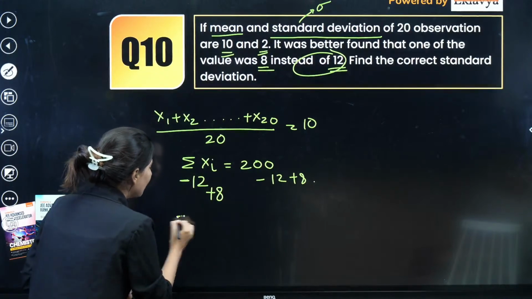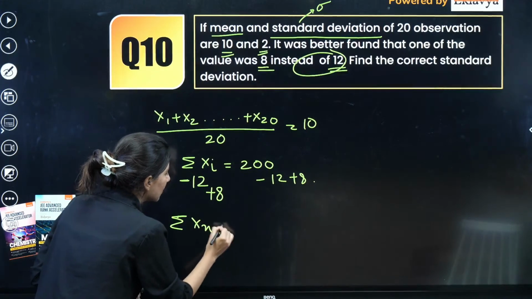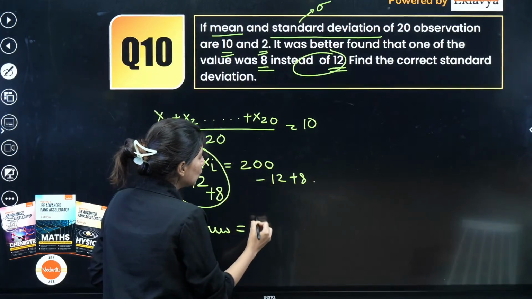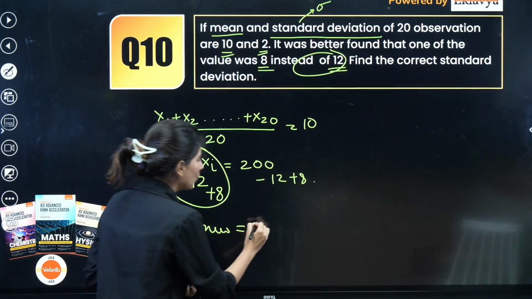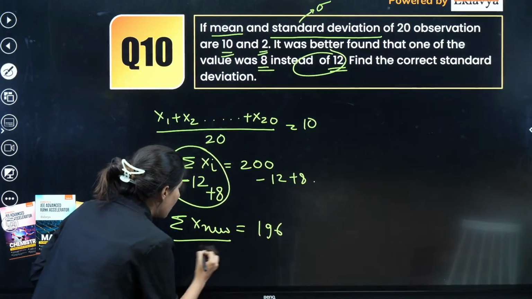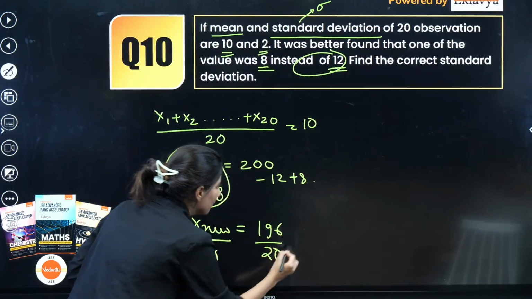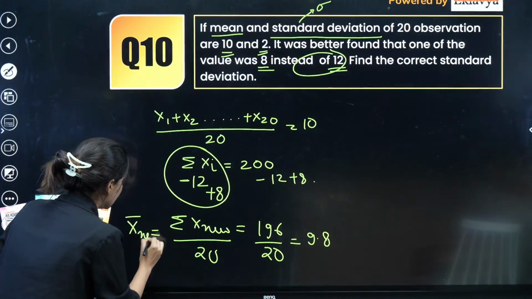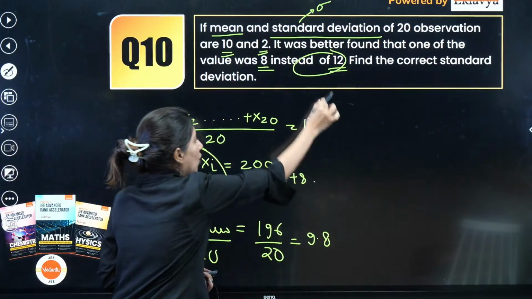So the sum of all new observations, sigma new, corrected, is 200 minus 4, 196. Upon 20 gives the new mean, 9.8, the corrected mean, x bar new.